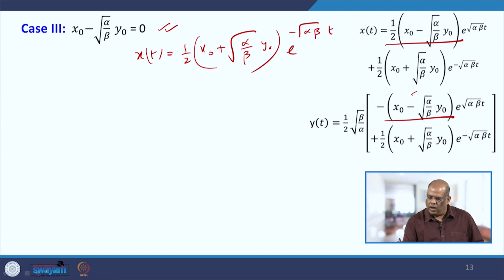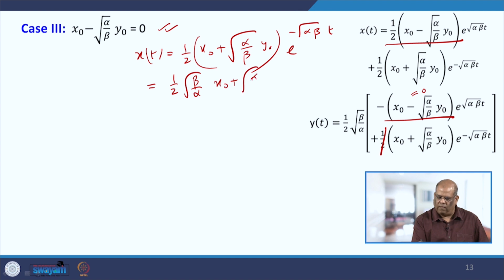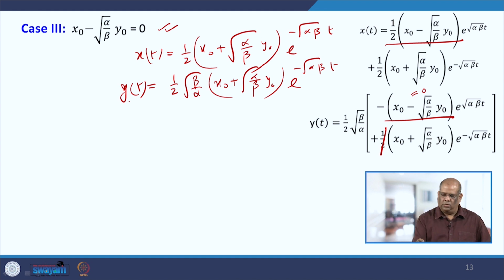And from here again this becomes 0. So, you get, sorry, this half will not come. So, half of root beta by alpha (x0 plus root of alpha by beta y0) into e to the power minus root alpha beta times t. This is your y(t).